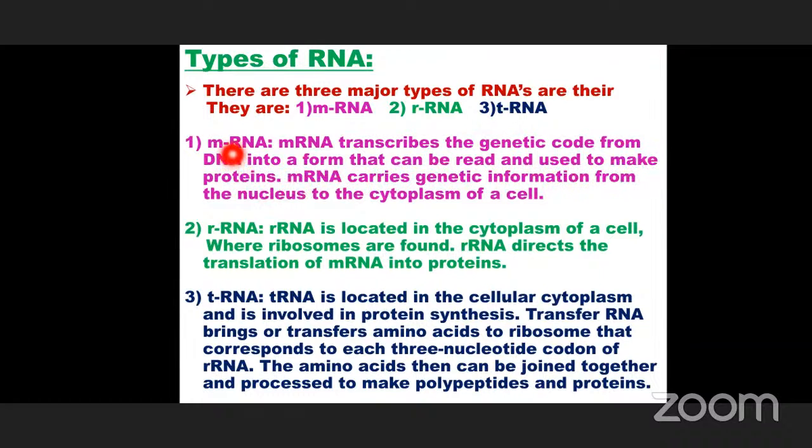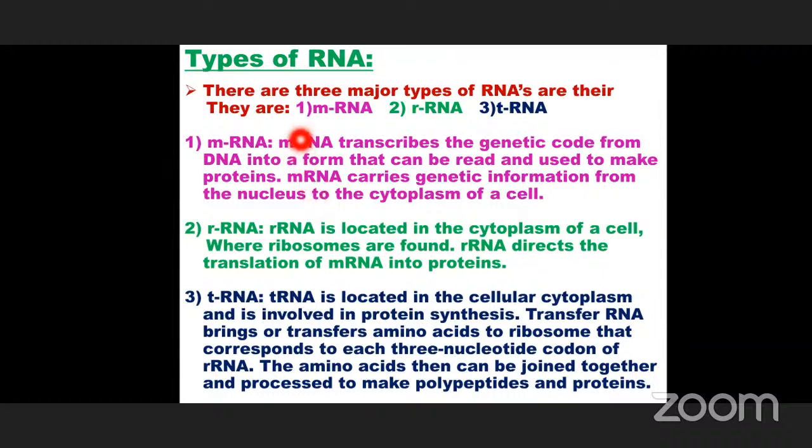This mRNA plays an important role in the protein synthesis process. It carries the genetic information from the nucleus to the cytoplasm of the cell. The synthesis of mRNA takes place inside the nucleus because the DNA molecule is present inside the nucleus.